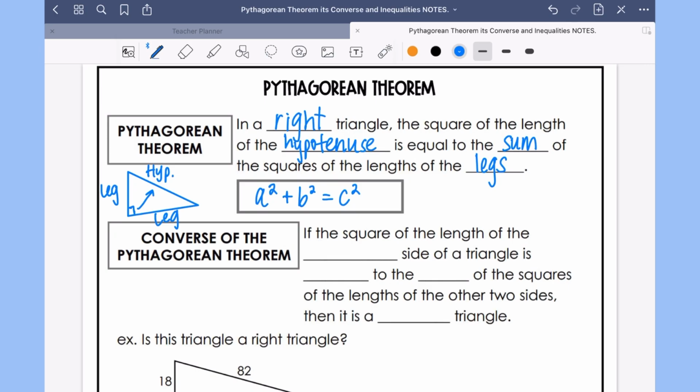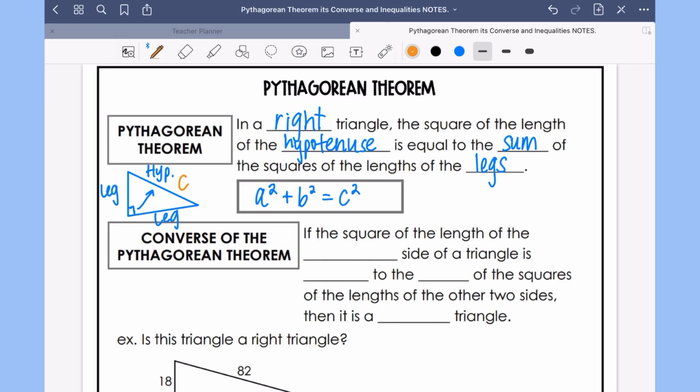Now, how do we know who's A, who's B, who's C in the triangle? Maybe you're starting to remember. Again, I said the hypotenuse is the most important. You can't mess that one up because then your equation won't work or you won't get the answer correct. So the hypotenuse is always C. It's going to be that diagonal length across from the 90 degrees.